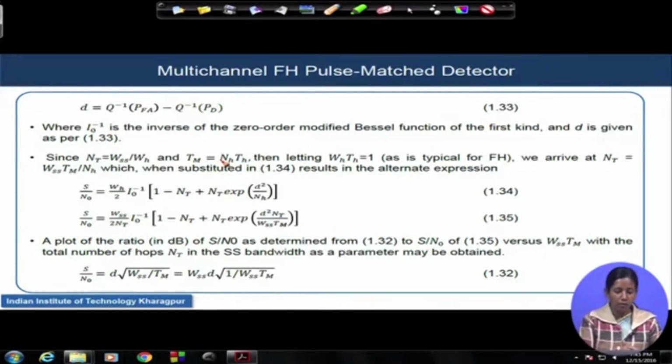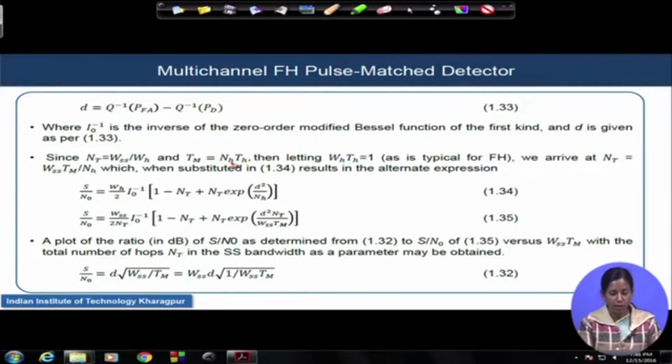Since we understand this, the number of channels, given by NT, is basically the total spread spectrum bandwidth divided by WH. We also understand that the message duration Tm is nothing but the number of hops multiplied by the hop duration.